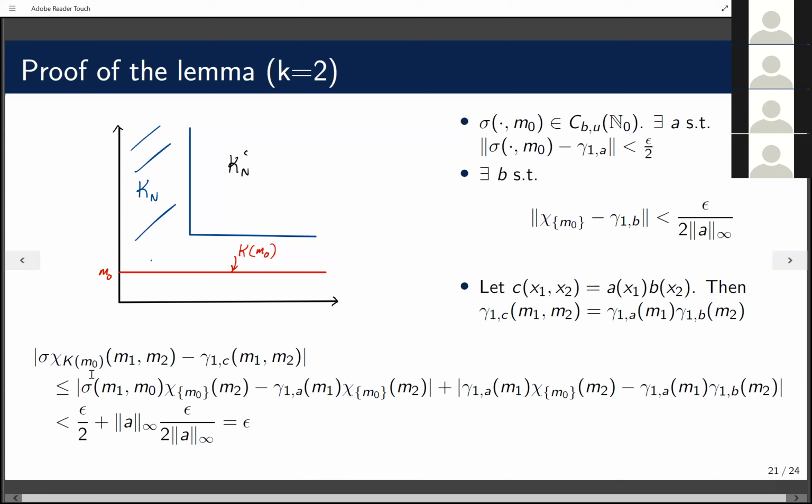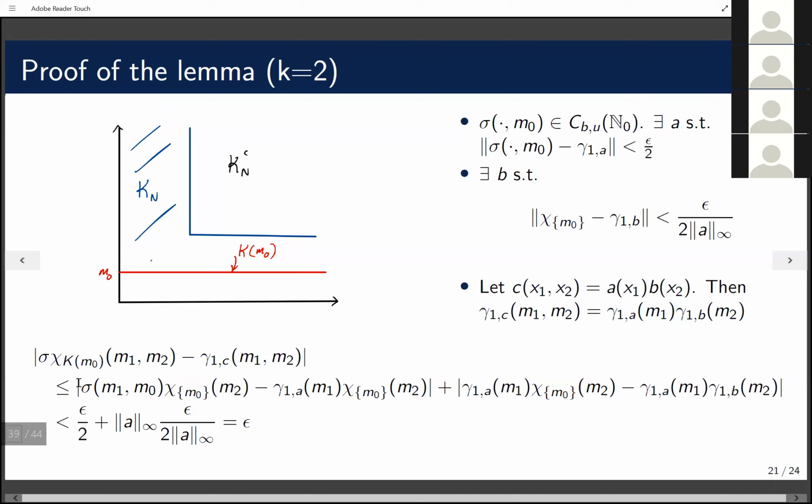This is the product of gamma 1a m1 and gamma 1b m2, and we can subtract the term gamma 1a m1 chi m naught m2 and add it back, and we are left with these two terms, using the triangle inequality.